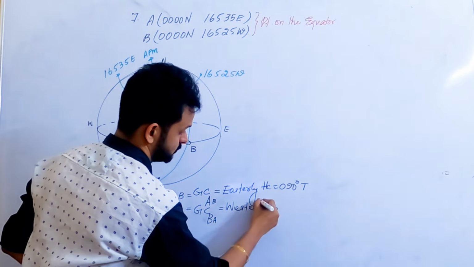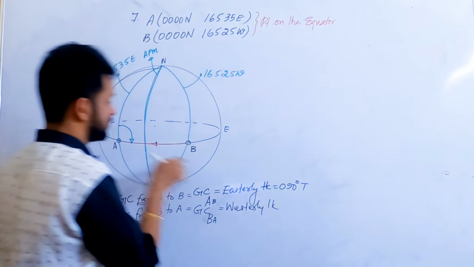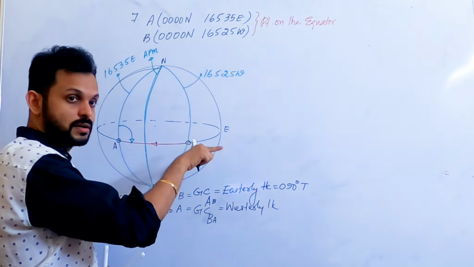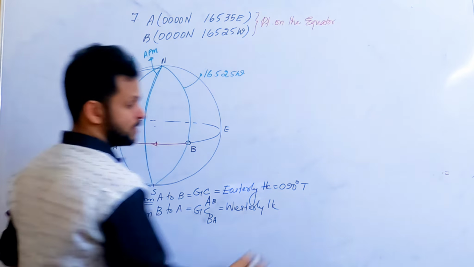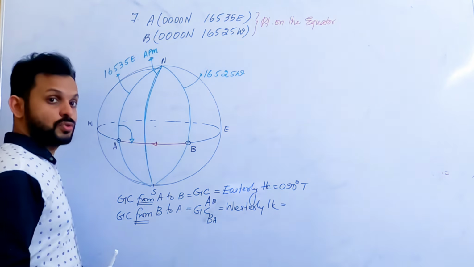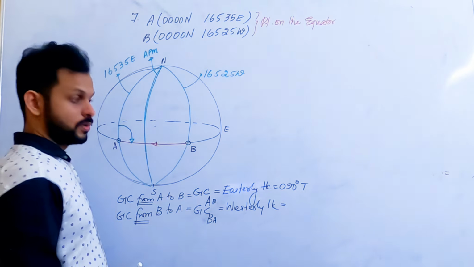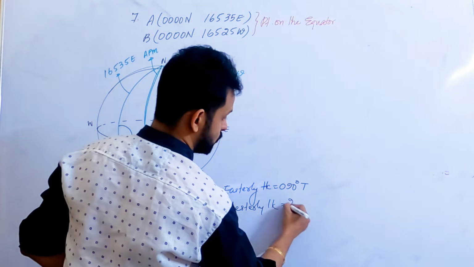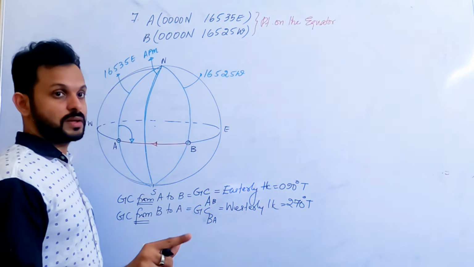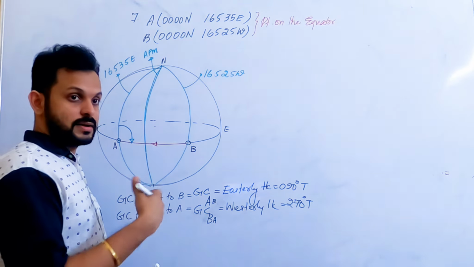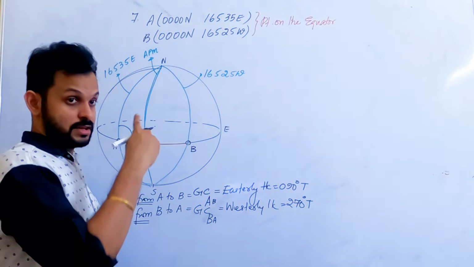In the initial case, you are running with the Earth. In this case, you're running opposite to the Earth. The Earth is still rotating in that direction, right? So what track is that? 270 degrees true. The westerly track is 270, but a westerly meridian is going to be 90 degrees west, as we saw yesterday.